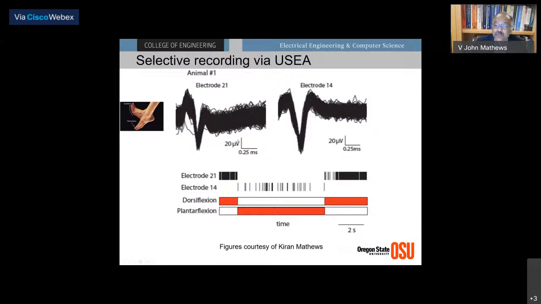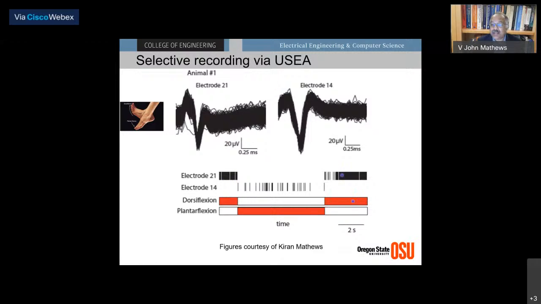So what's happening here is this. Basically, you're showing electrode number 14 and electrode number 21, and out here you have plotted in an overlapped manner the action potentials that were recorded from electrode 21, and out here you have plotted action potentials that were recorded from electrode 14. And what you're seeing is when dorsiflexion happens, that is when the legs were moving inward, only electrode 21 was active. Okay.